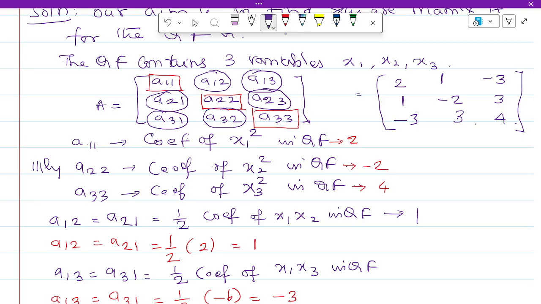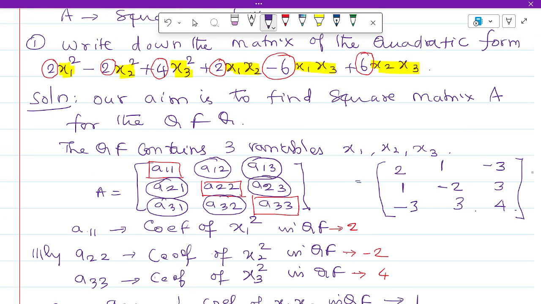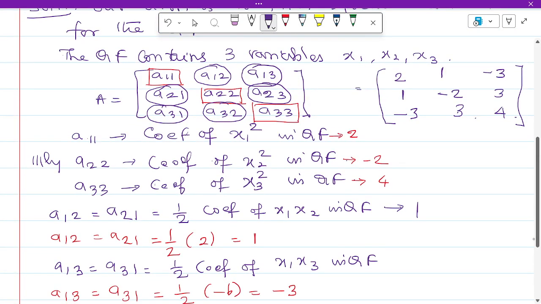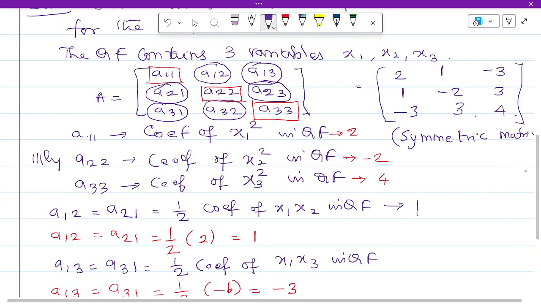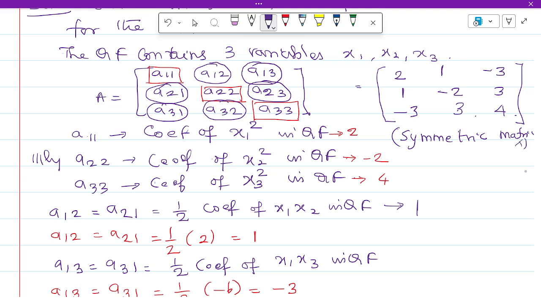So for any quadratic form, you have to write the matrix. This matrix should be the symmetric matrix. When you are converting from the quadratic form to matrix, the matrix should be the symmetric matrix.